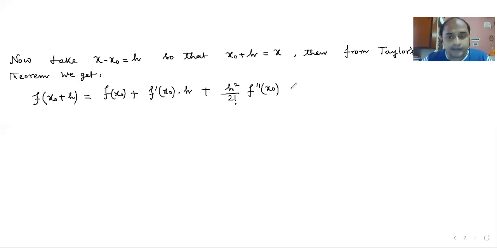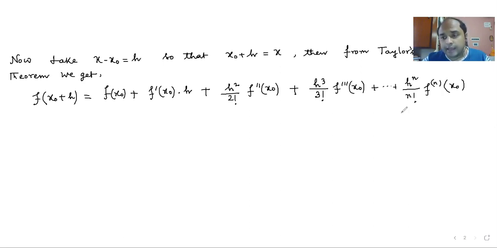Then h cube by 3 factorial f triple dash x naught, plus dot dot dot plus h to the power n by n factorial f n x naught, and the last one will be h to the power n plus 1 by n plus 1 factorial, f of n plus 1 being the derivative of f at the point x naught plus theta h.